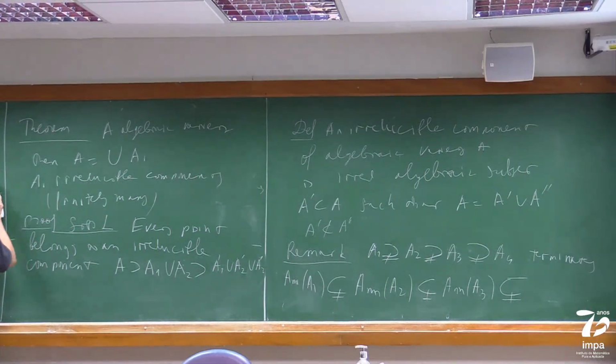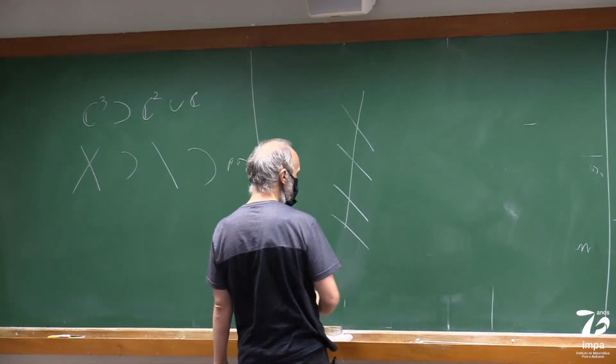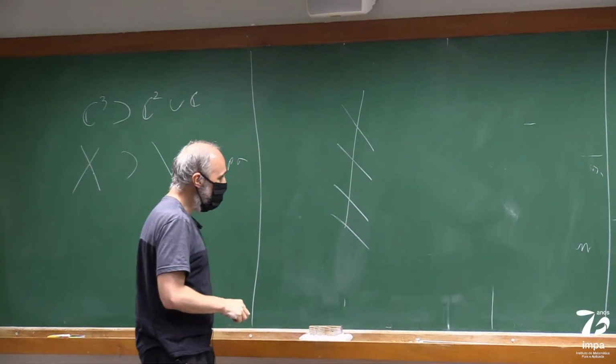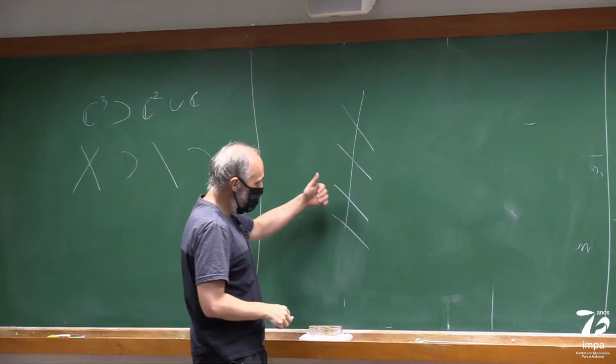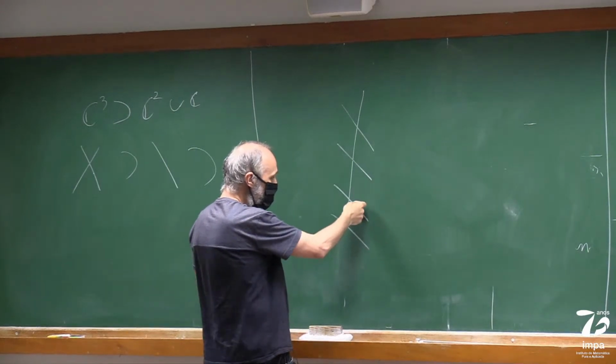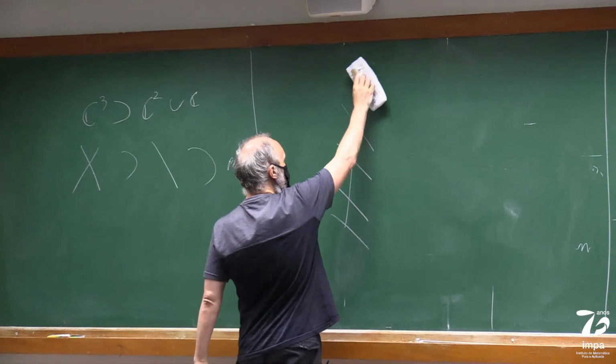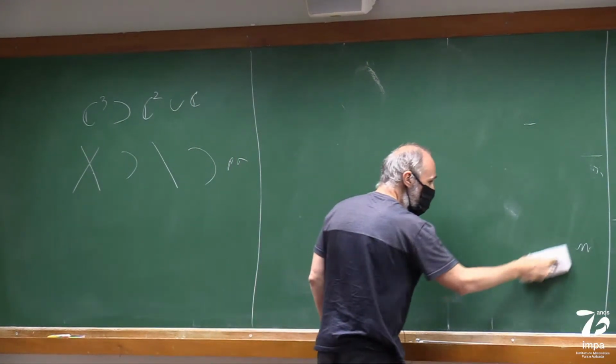It remains only to show that there are finitely many. You can't have a variety where you have one line and then infinitely many lines passing through it. You don't have an obvious descending chain here because you can't split each component. It's still a union of irreducible components, but there are infinitely many, so we want to prove it is impossible.